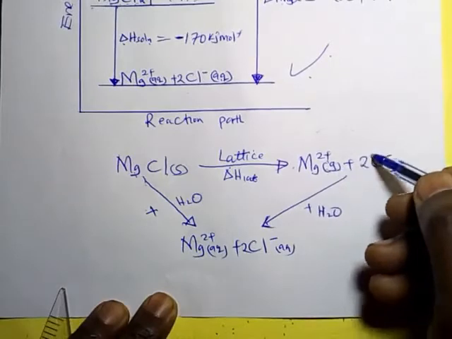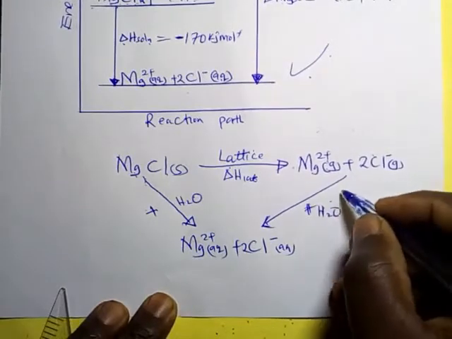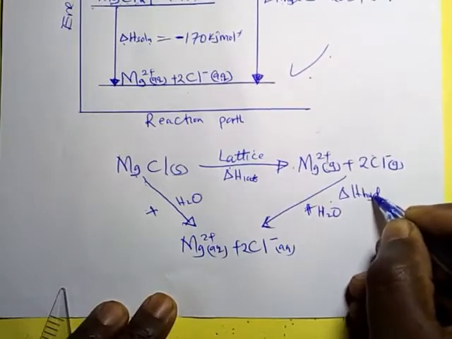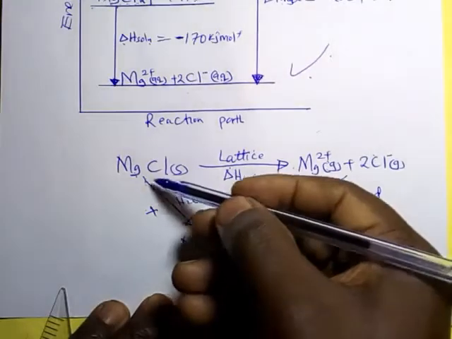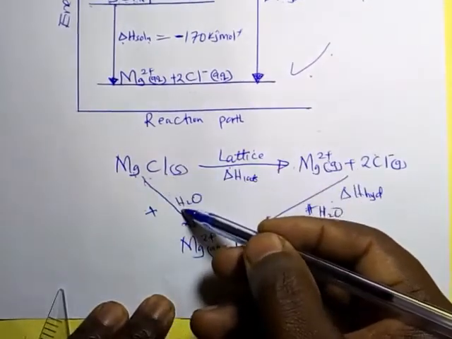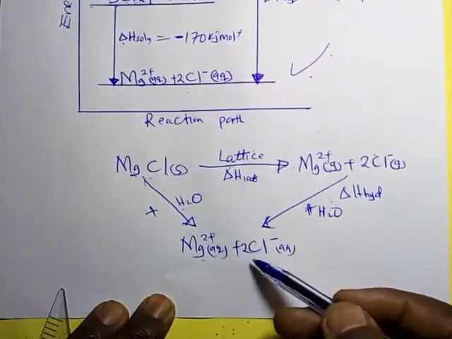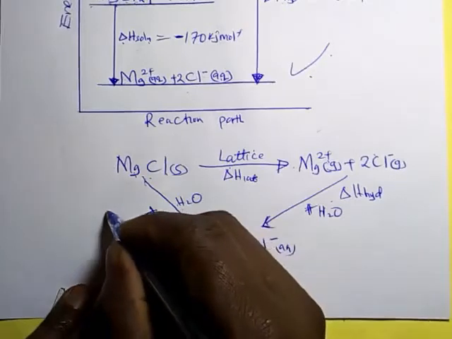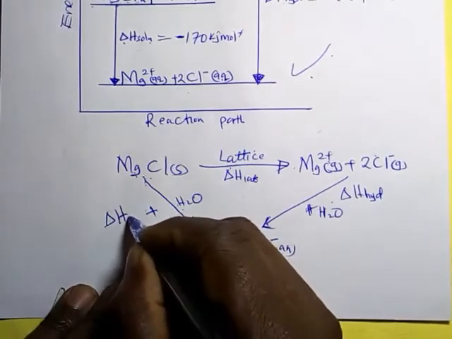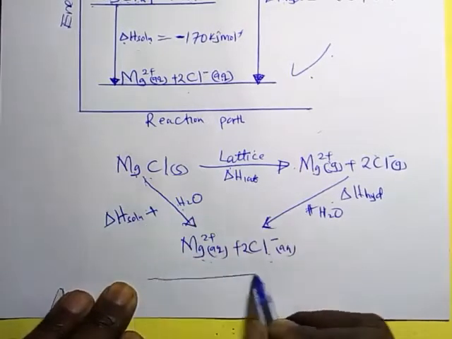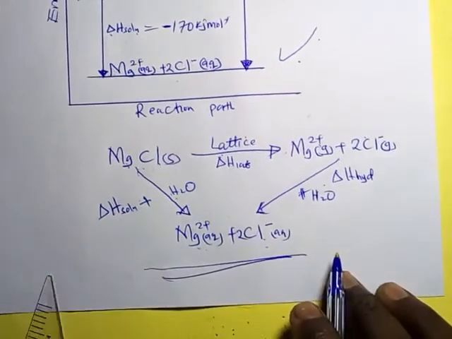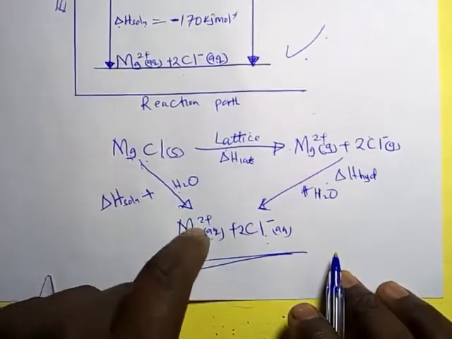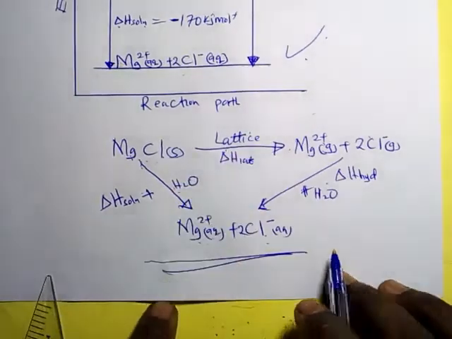Magnesium ions in gaseous form, water is added, that is hydration. Magnesium chloride is dissolved in water directly to form aqueous solution. Therefore, what is that? Enthalpy of solution. And this is the simple energy cycle we have drawn. We can use this one also to get the value we have.